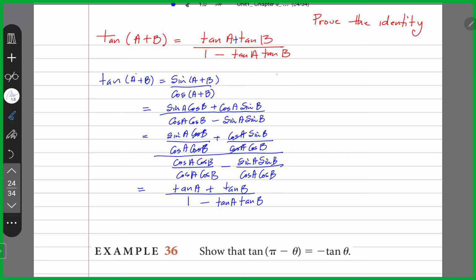All right, now along with this, we need to show, or be able to show, that tan(A - B) is actually equal to tan A minus tan B over 1 plus tan A tan B. So we need to also show that this is true.